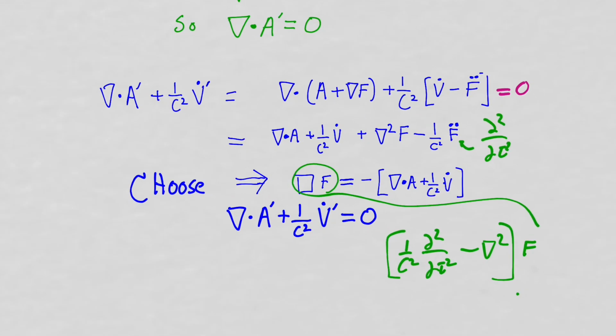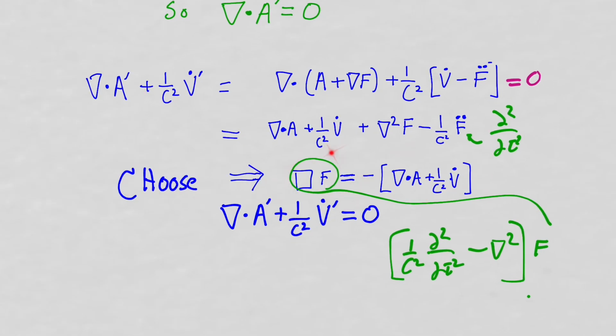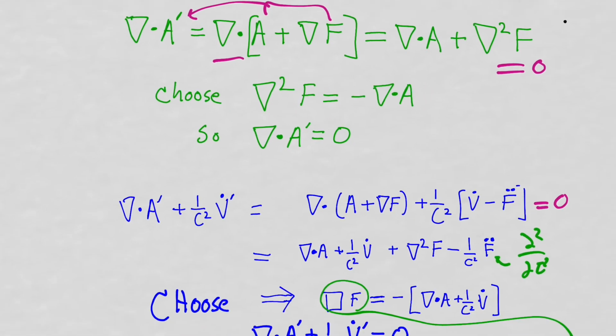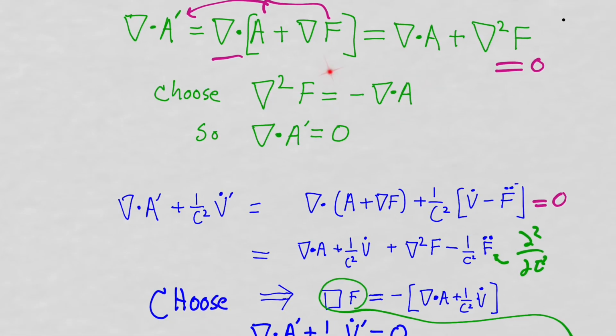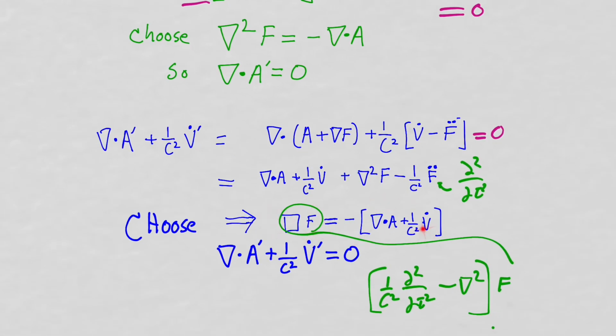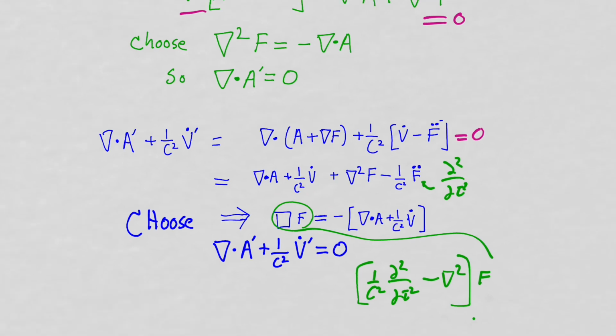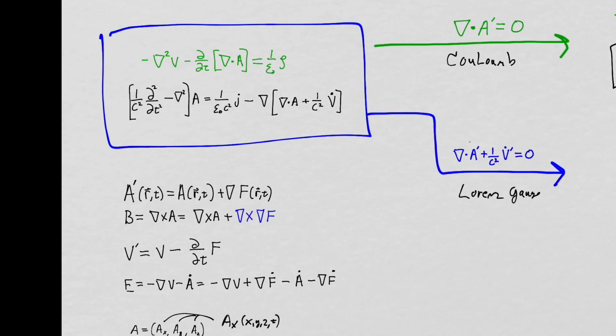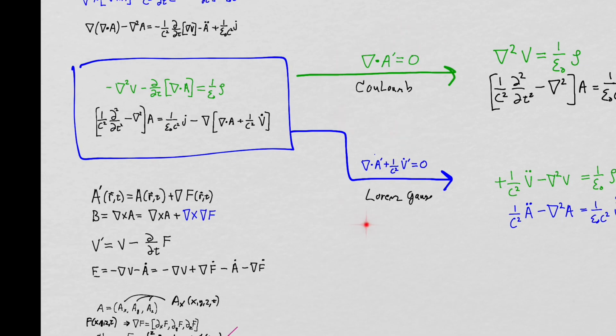So I can always choose my f that solves this equation, just like I choose the f to solve the Laplacian, Laplace's equation, the inhomogeneous Laplace's equation. I guess I have basically an inhomogeneous wave equation here is what this is all about. But they can always be done. So I can always find a way to move into the Coulomb gauge and move into the Lorentz gauge. And if I'm in the Lorentz gauge, I can shift to the Coulomb gauge, and I can find an f to do that.